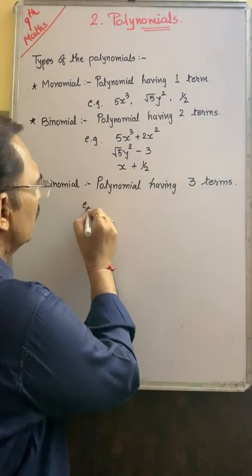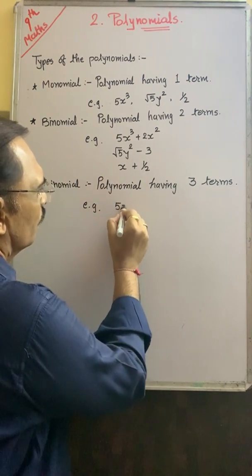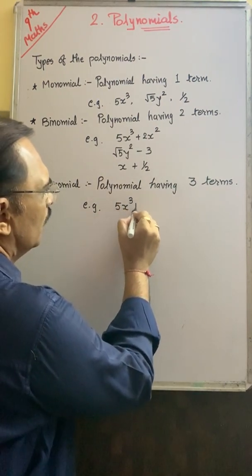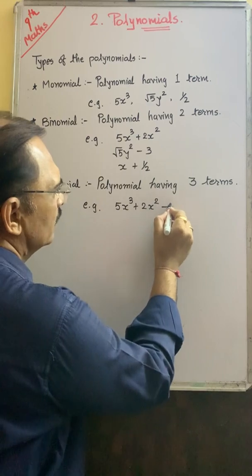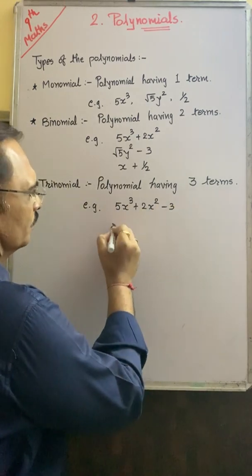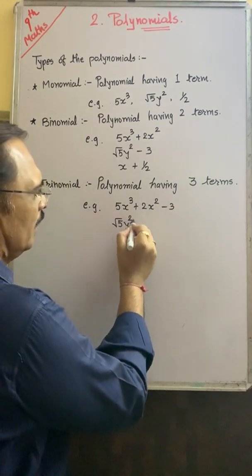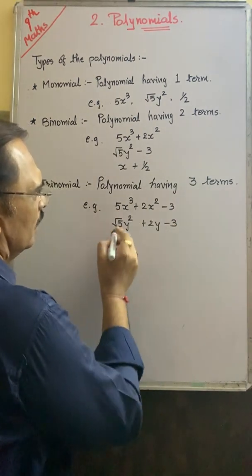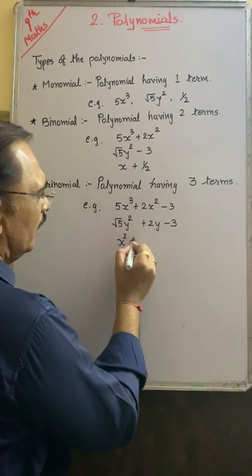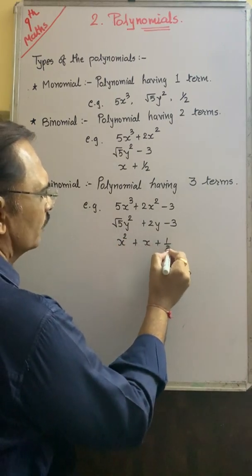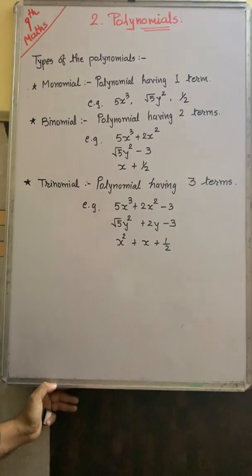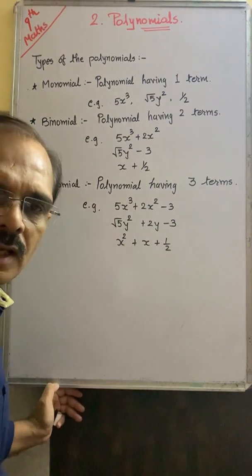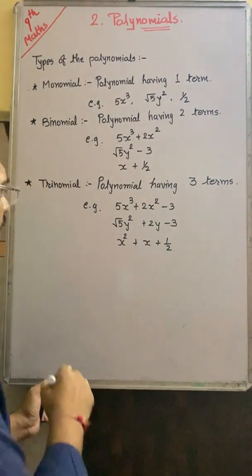As for example, 5x cube plus 2x square minus 3, 1, 2, 3 terms. Root 5y square plus 2y minus 3. Here I add x square plus x plus half. All these are trinomial, polynomials having 3 terms.